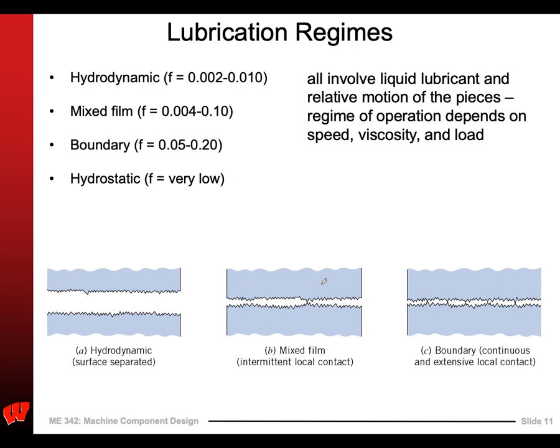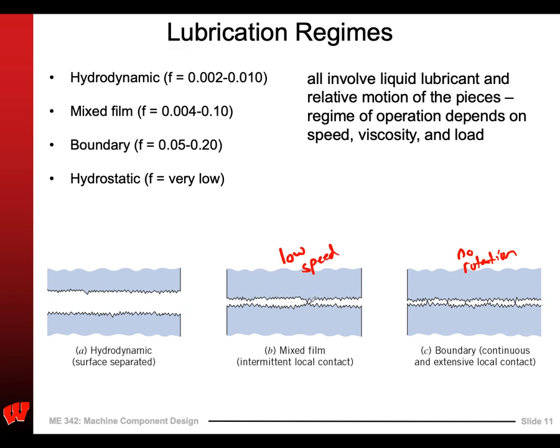Now let's look at these lubricating regimes again. This is no rotation: we have metal on metal, and at the microscopic level, these little imperfections are grinding against each other. Then we get into the mixed film regime, at low speeds, and there's a thin film here.